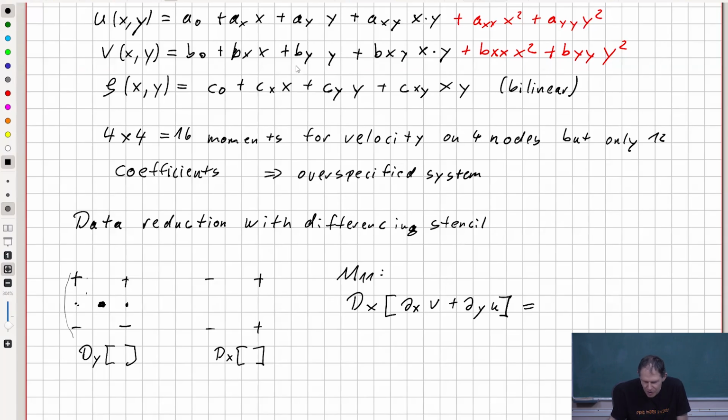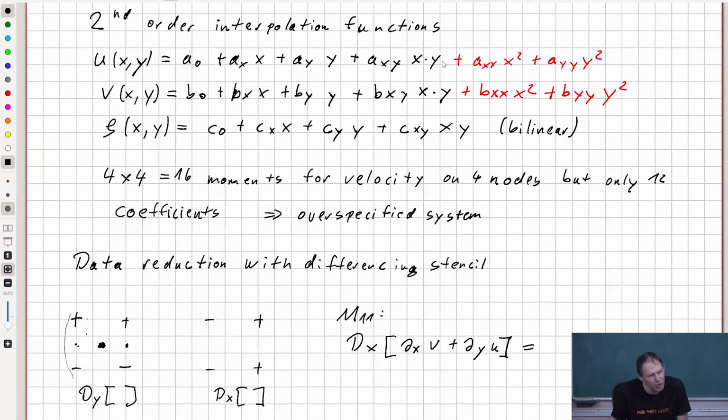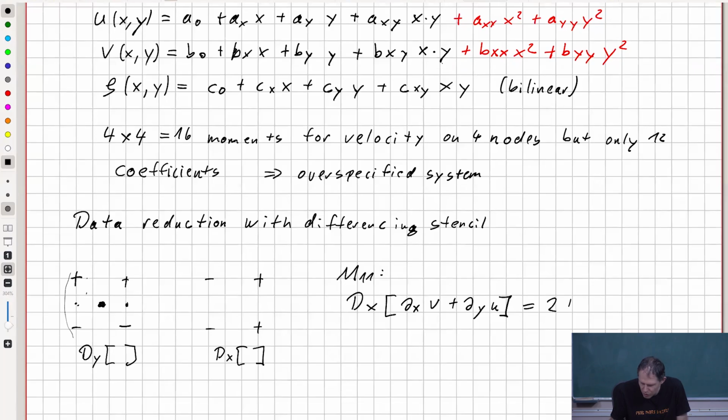If we now take the derivatives of this polynomial, what is left is 2 b_xx, because we take the x derivative from here and another x derivative from here. This gives us twice b_xx, and then we have dx dy on u, which is plus a_xy.